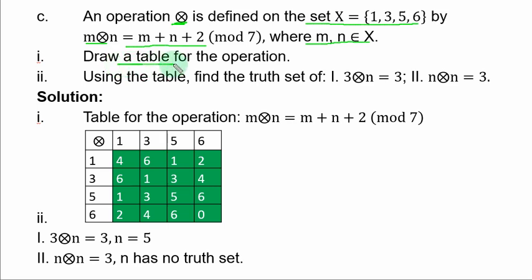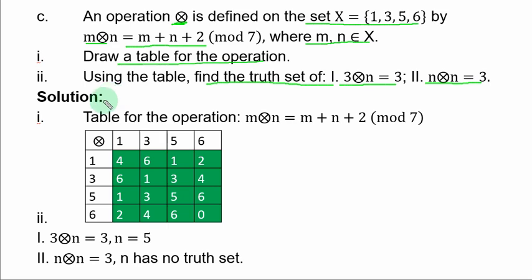Draw a table for the operation. Figure 2. Using the table, find the truth set of part 1. 3 times n equal to 3. Part 2, n times n equal to 3.